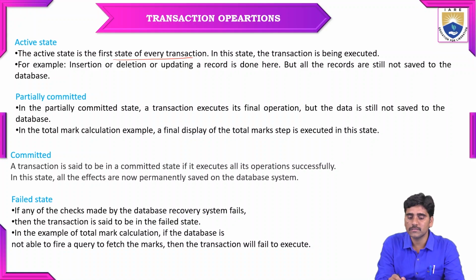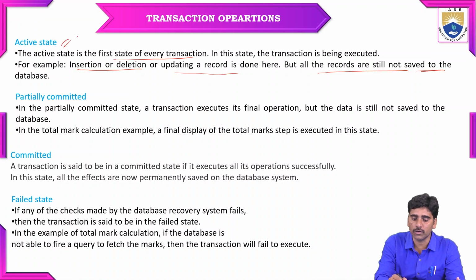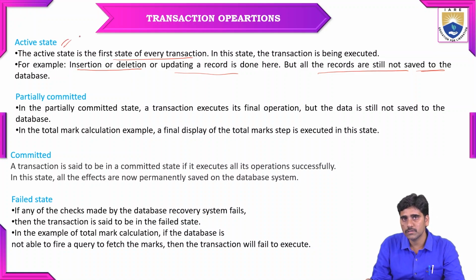For example, inserting, deleting or updating a record is done here. But all the records are still not saved to the database, because it is not in the committed state. It is in the active state only.